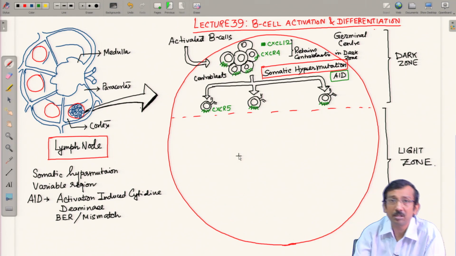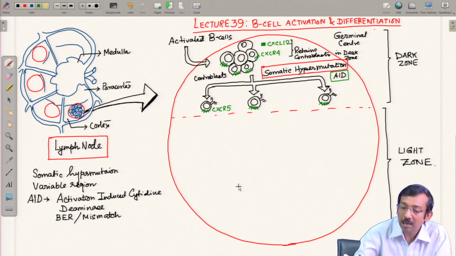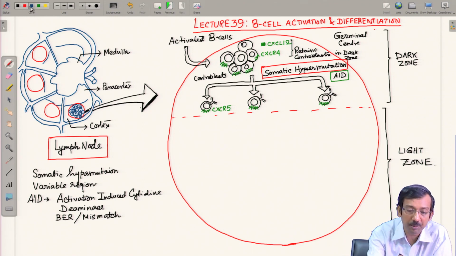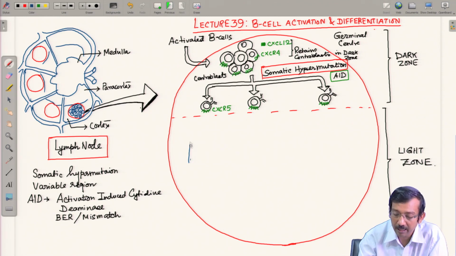Now these cells have to come into the light zone. So what is there in the light zone? In the light zone we find specialized cells like the follicular dendritic cells.